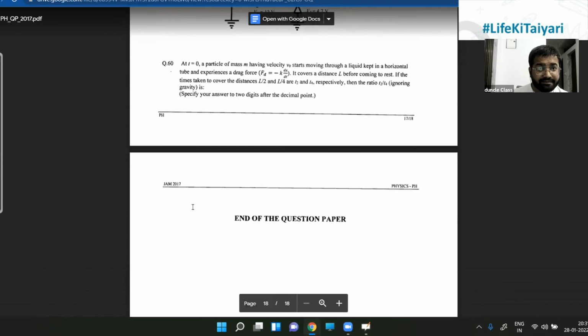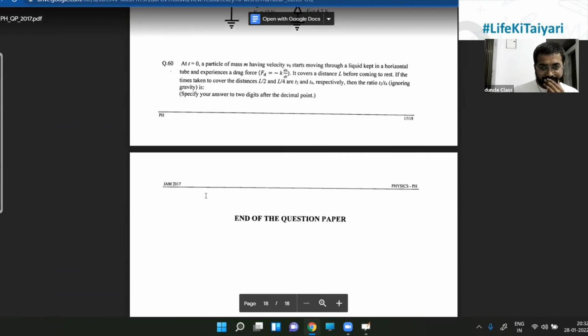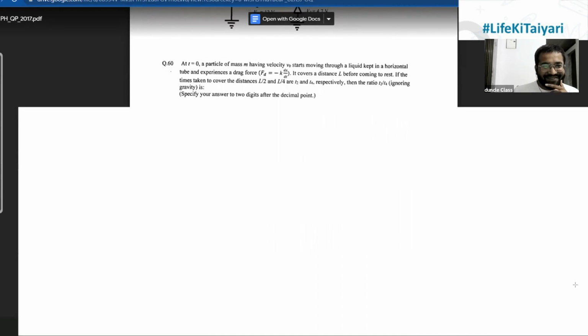Sorry, okay, so this is related to drag force or something like that. Okay, let's try this. At t equals 0, a particle of mass m having velocity v naught starts moving through a liquid kept in a horizontal tube and experiences a drag force.